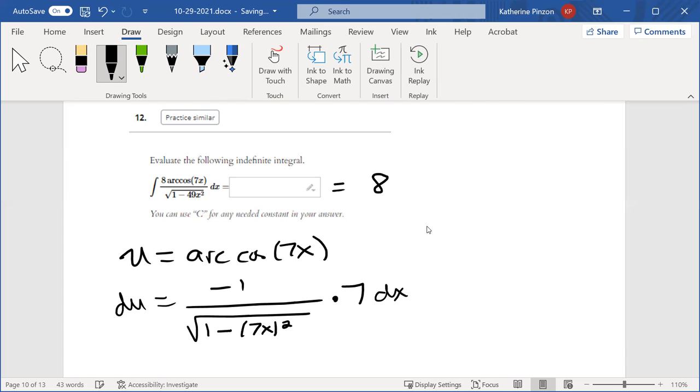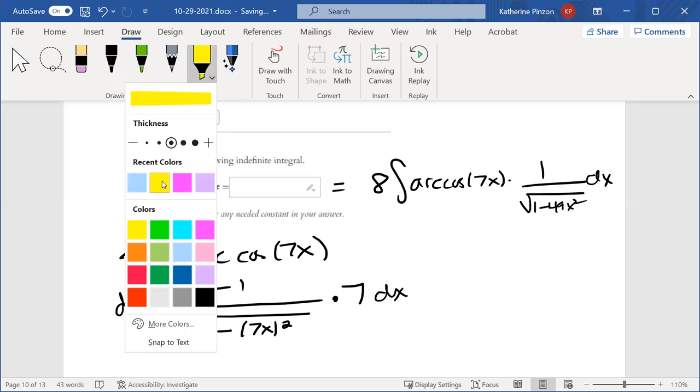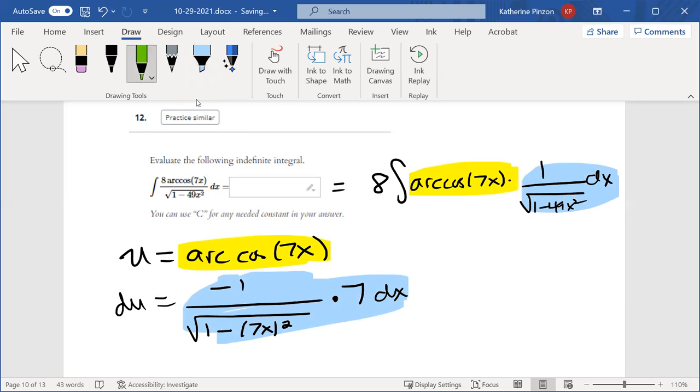I'm going to put the 8 in the front because he doesn't matter. I have arc cosine 7x. I have 1 over square root 1 minus 49x squared dx. Okay, so this guy is u. I need all of this stuff to be du. What am I missing? A 7.